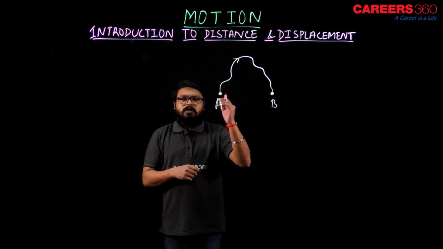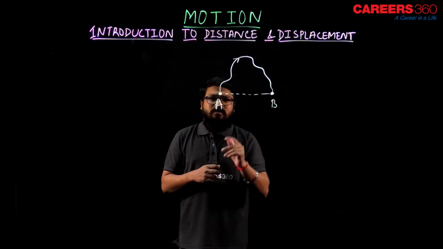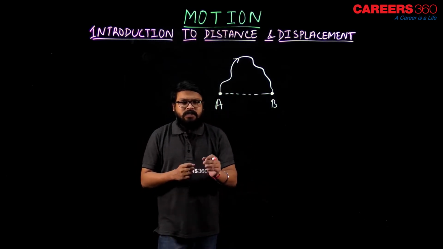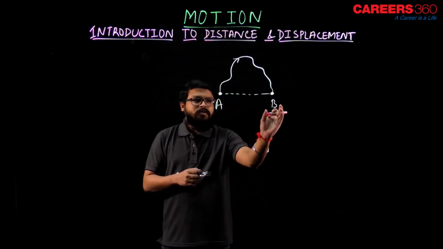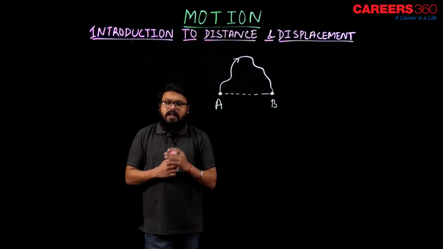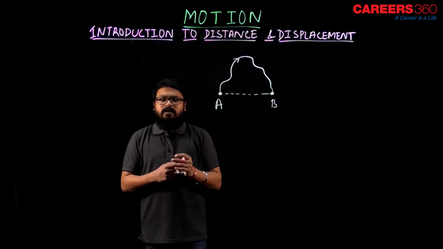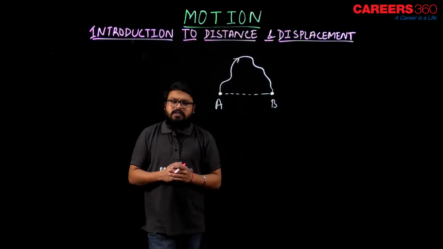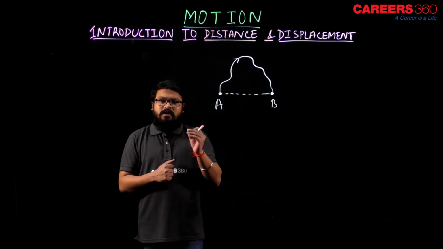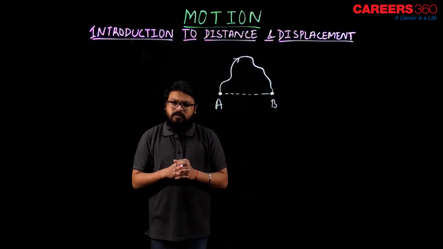But whereas the displacement is the shortest distance between initial and final position, that is, initial position is A and final position is B. So, distance is the length of the path traced by the body, and displacement is the shortest distance between the initial and final position of the body during the entire motion.